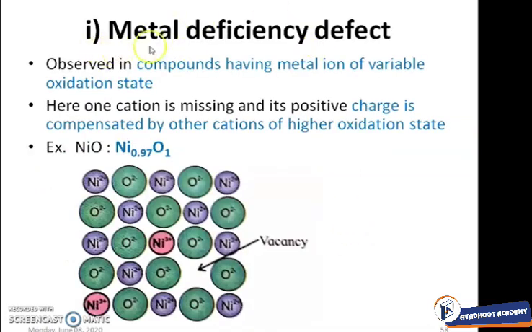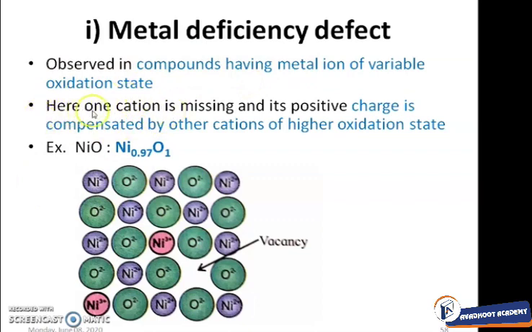So the first type is metal deficiency defect. This is observed in compounds having a metal ion of variable oxidation state. For example, nickel has variable oxidation states, Ni2+ and Ni3+.